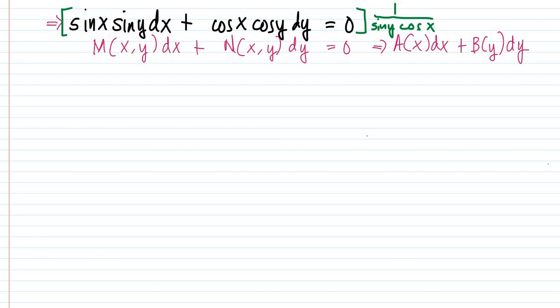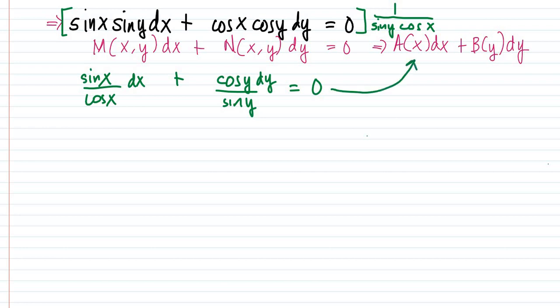The resulting differential equation is now sin x over cos x dx plus, since cos x cancels out in the second term, cos y dy over sin y is equal to 0. So as you can see here, we have now arrived in this form.